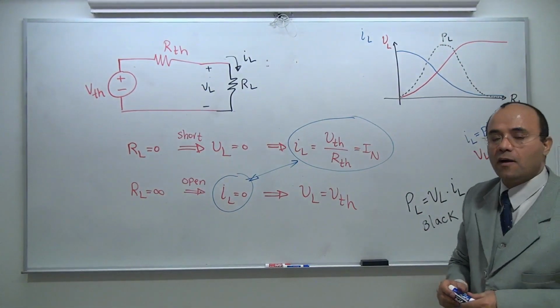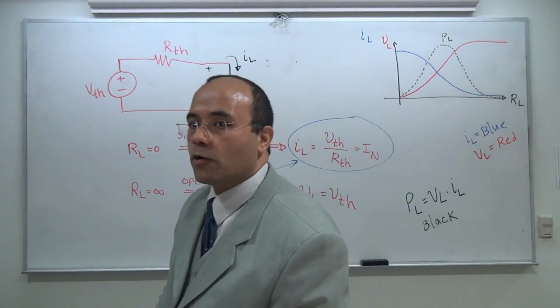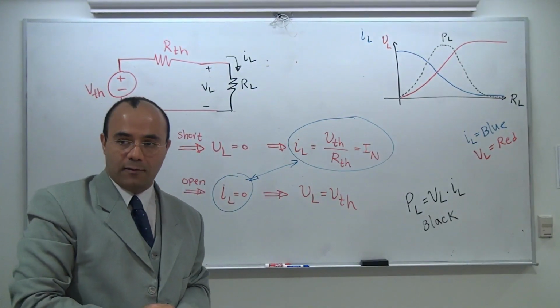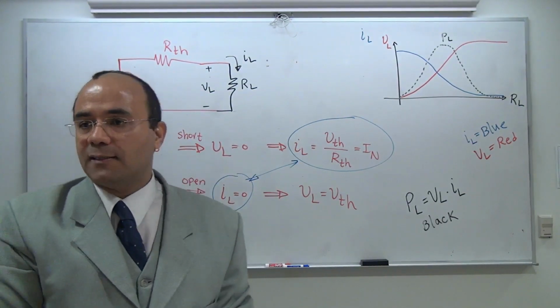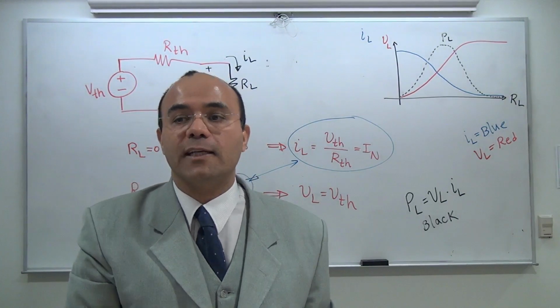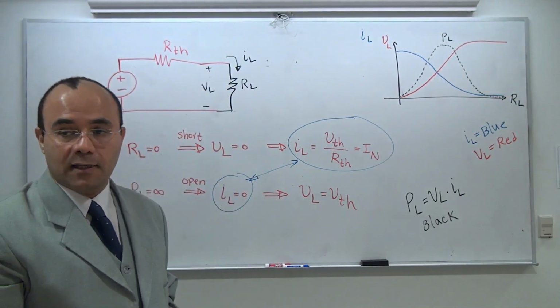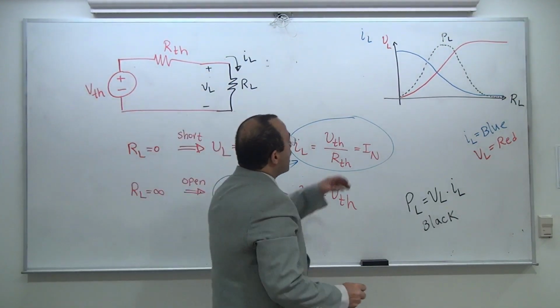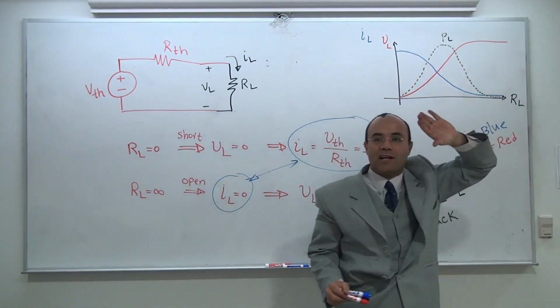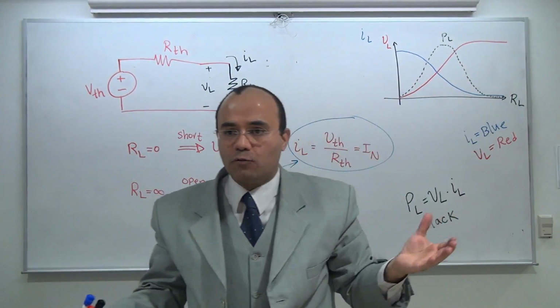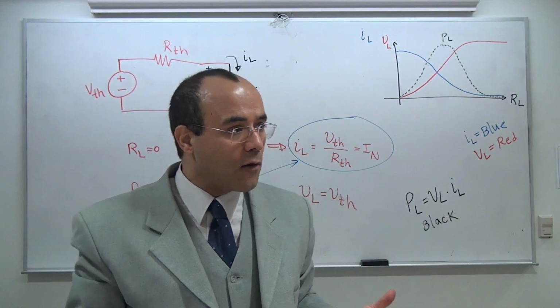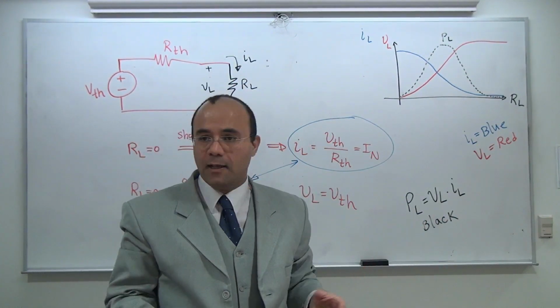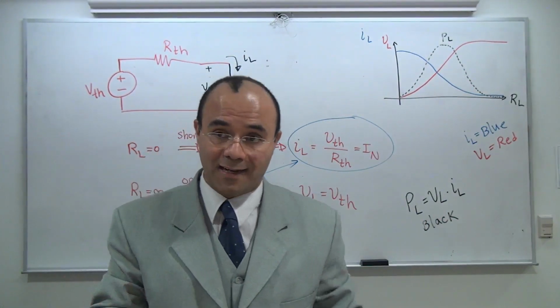The majority of devices we have work with power. When I say I have a bulb that is 60 watts, it's working with watts. It's power, right? So I want to have the maximum power transfer to the load. I don't want to dissipate the power. I paid a huge cost for it when I created the power, of course in an AC domain.